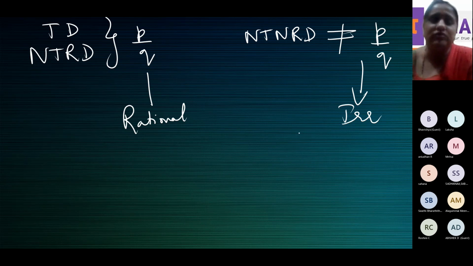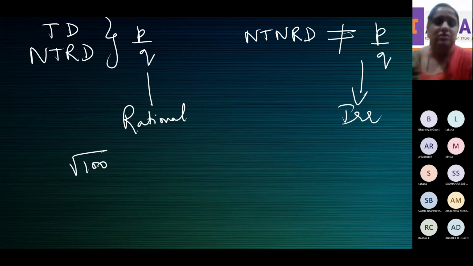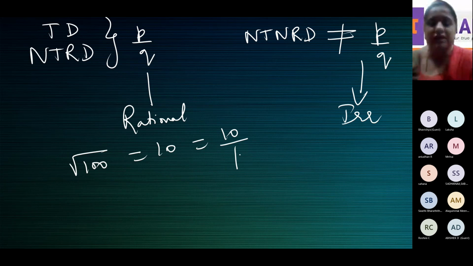Also, when you classify as rational or irrational, you need to simplify and then comment. For example, the square root of 100 is 10, and 10 is 10 by 1, integer by integer, a rational number.